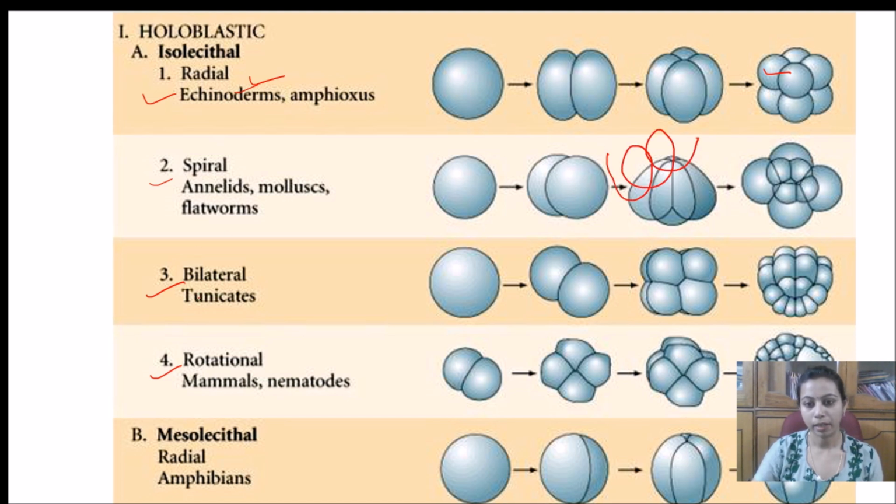In bilateral cleavage, we have a symmetrical cleavage of the eggs. In rotational, with each division, the lower layer, when it divides into the upper layer of cells, rotates up to a certain angle, and because of this it is known as rotational.